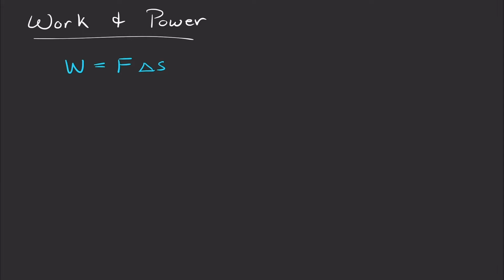Now let's talk about work and power. For linear motion, the work was equal to the force times the displacement. In rotations, if you're going through some arc length, some delta S, that corresponds to R times delta theta, assuming that R is constant. If you plug this in, you get the work is equal to F times R delta theta.